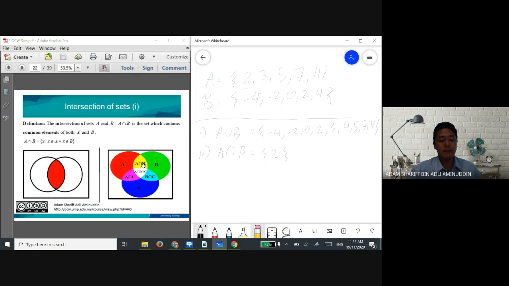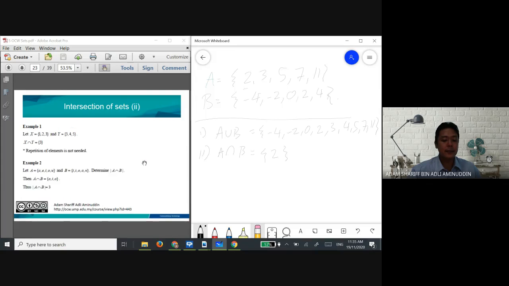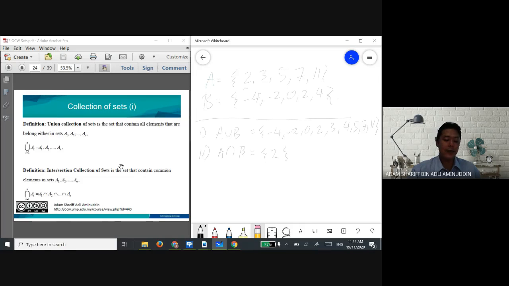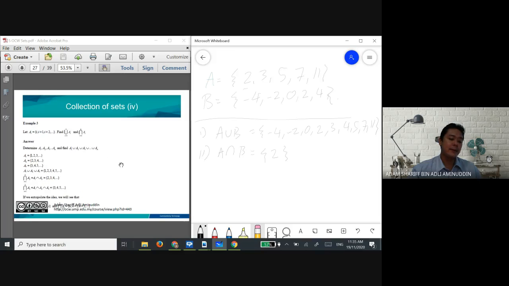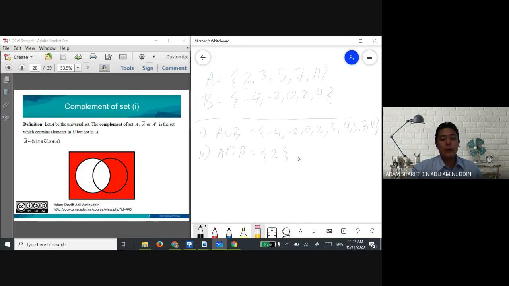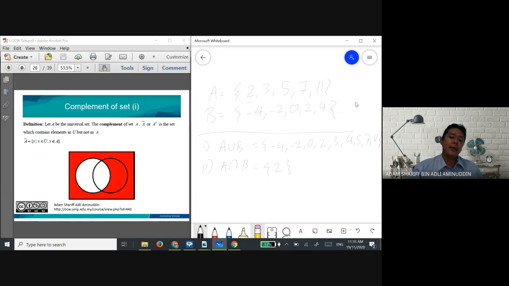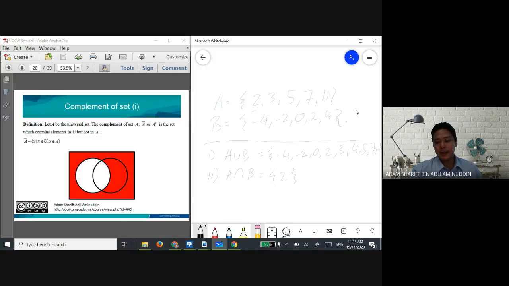Yang ni saya simplekan dulu, saya akan ulang balik lepas ni, especially for the collection of sets. When we talk about a complement, complement ni best. For A complement, you must have a universal set. You cannot talk about complement if you don't have a universal set.